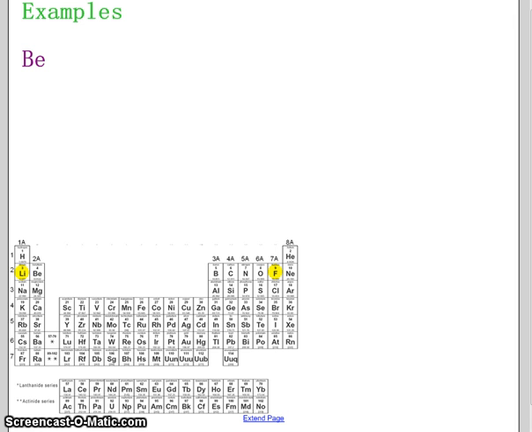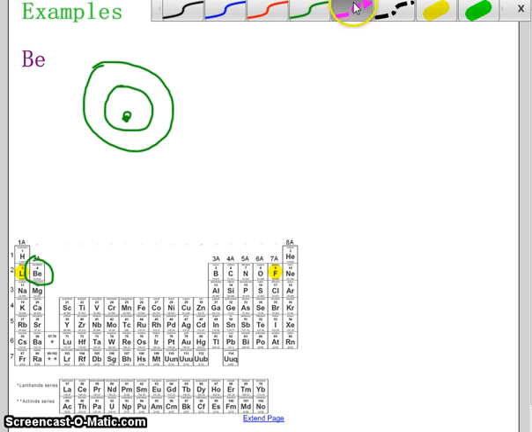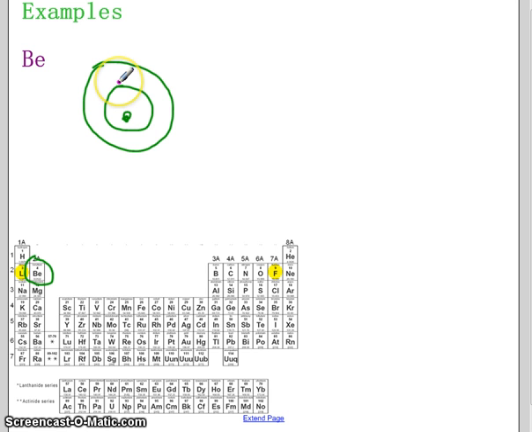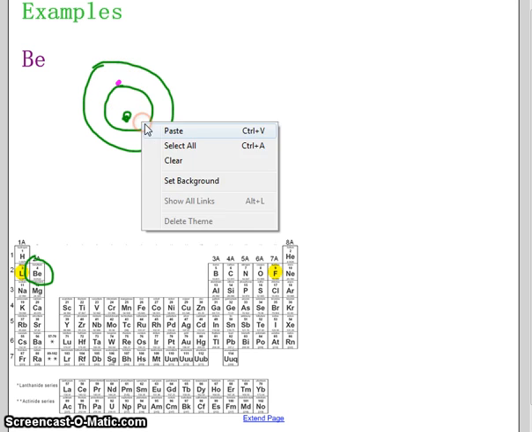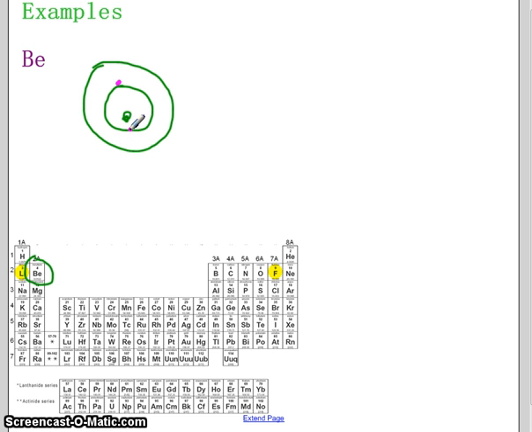This will be the last example for today. It's going to be beryllium. So beryllium is also in period 2, right next to lithium in fact. So I have my nucleus, 2 shells. First shell is going to be full. And since it's in group 2, it's going to have 2 valence electrons.